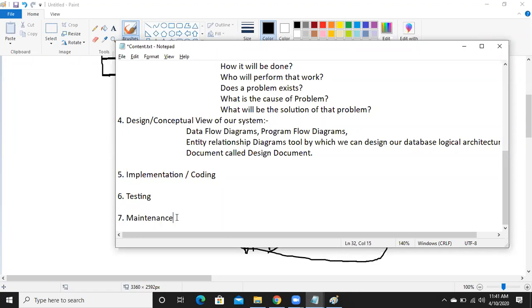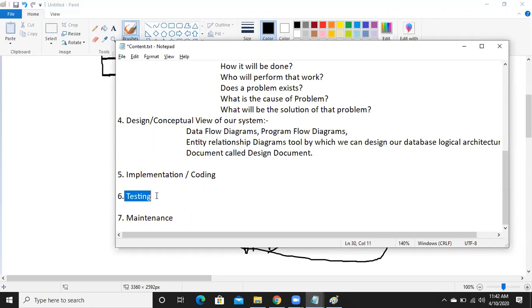In maintenance, the main work of the maintenance staff is to provide guidelines to our client, or to provide efficiency to our built system, right?